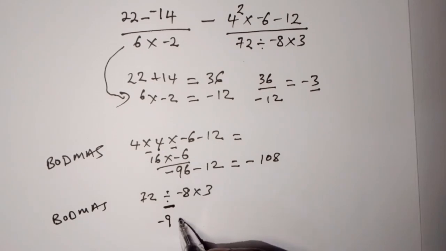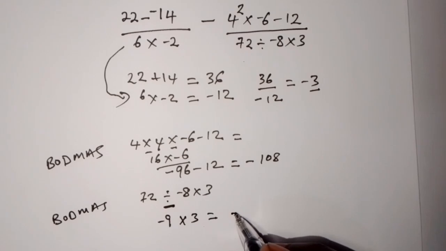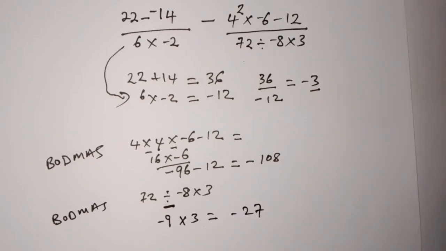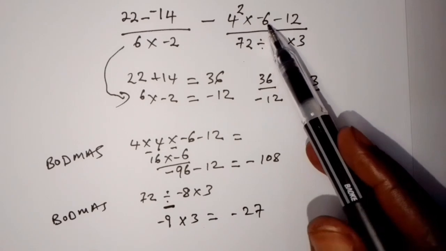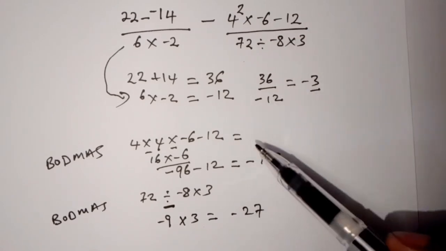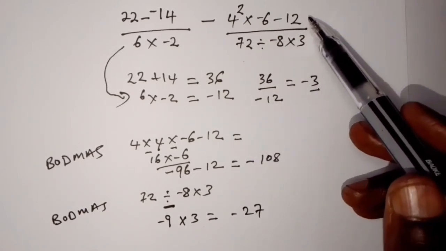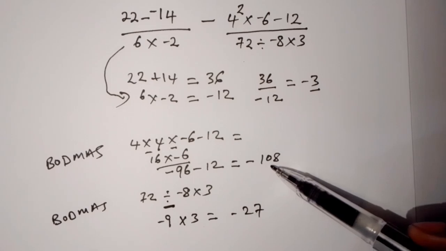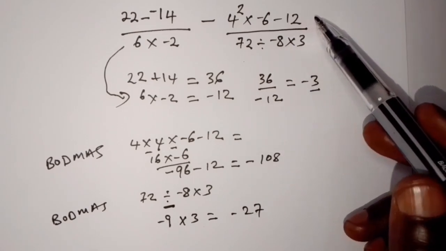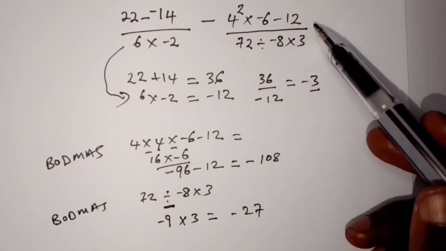Then we multiply that by 3, which is giving us negative 27. So the numerator is negative 108.